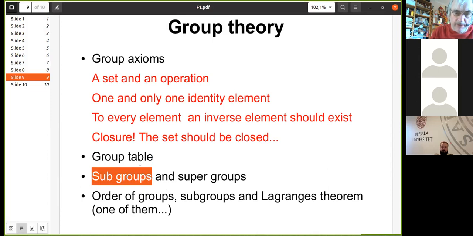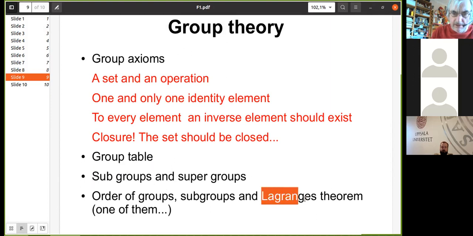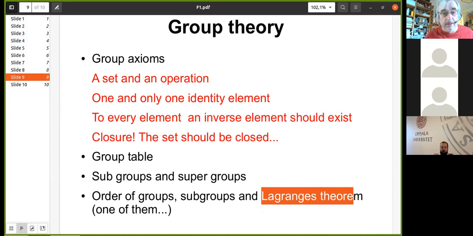You can divide 4 by 2. This is something called Lagrange theorem. Lagrange was extremely productive. Not as Euler maybe, but still one of the greats.